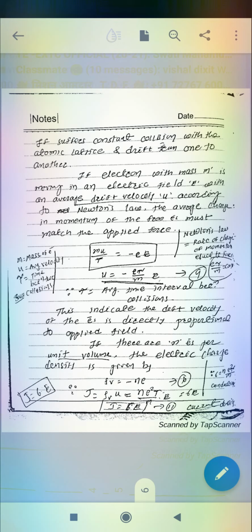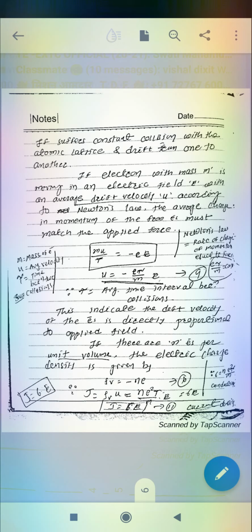Therefore, we know that rho v is equal to minus n e. For n number of electrons, put the value of rho v, and put the value of u from equation number 9, then it gives n e square tau divided by m into E.